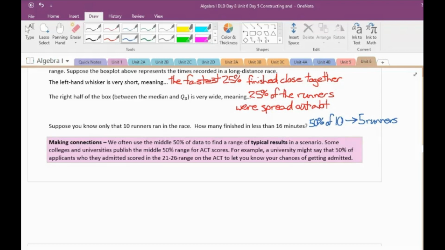If you scored a 29 or a 30, you probably have a great chance of getting accepted at that college. But if you only scored a 19, maybe you want to study a little bit more, and it would be worth the investment to take the ACT or SAT again and try to get a little higher if you really want to get into that college.